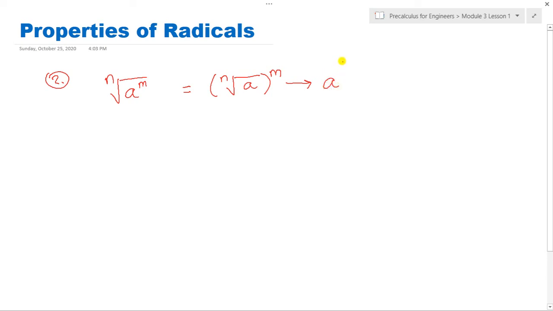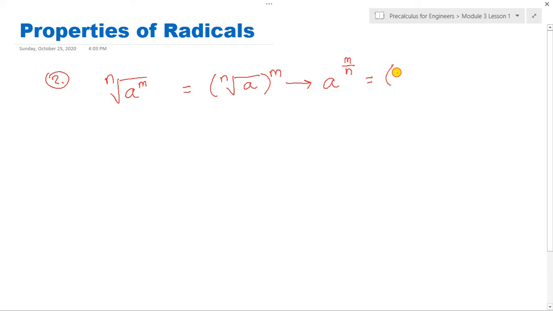Remember from my previous discussion sa module 2. So, we have here m over n. Diba, sinasabi ko sa inyo, kapag maka-convert ka from radical to rational exponents, yung numerator mo dito is magiging exponent mo sa radical mo o sa number mo. And then, your denominator would serve as your index of your radical.